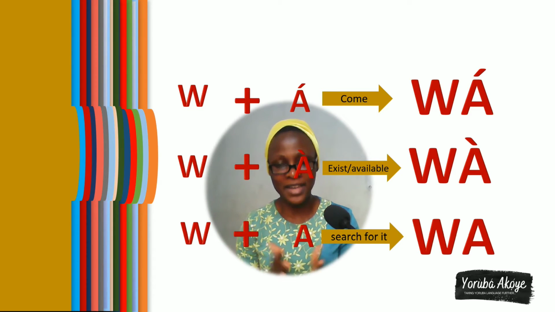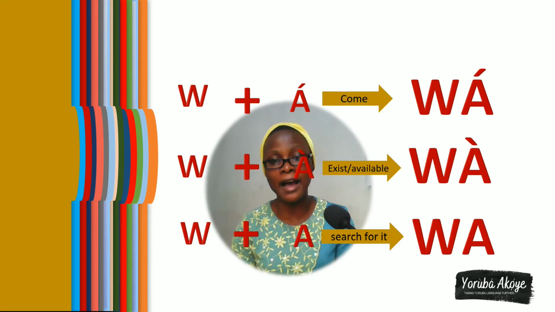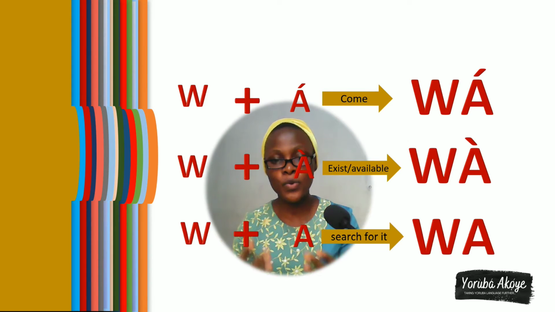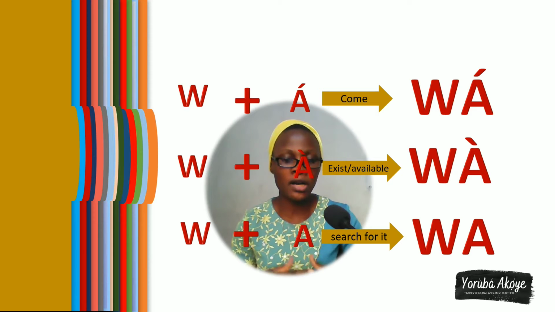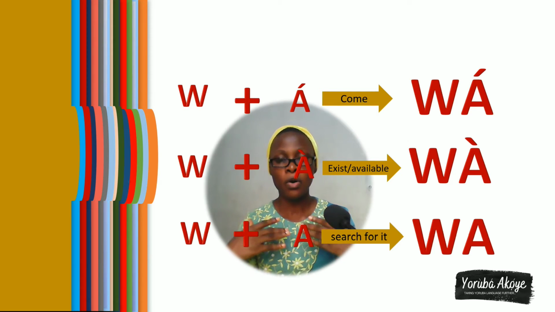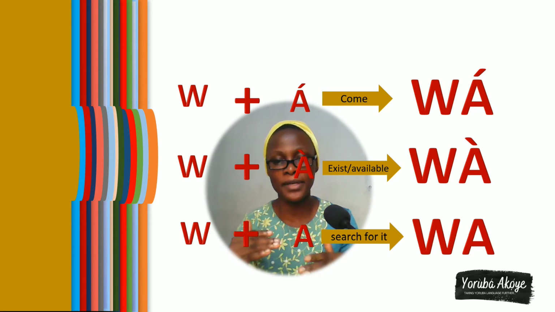So the same letters, the same set of letters. It's still wẹ, it's still a. So we have wẹ here, only that on a now we are having re mark. Remember I told you whenever we are having re tone mark on a word or on a letter, what we do is we leave that letter bare.